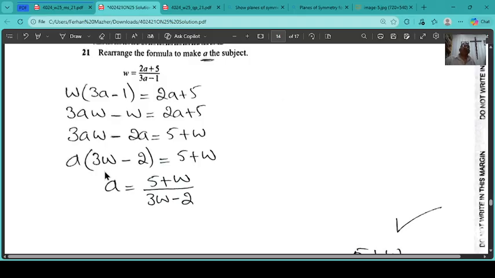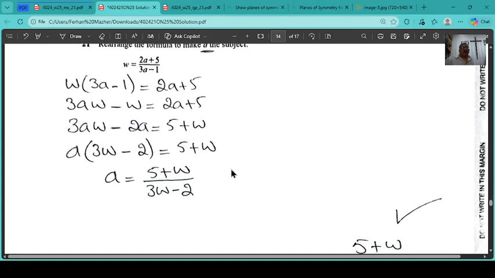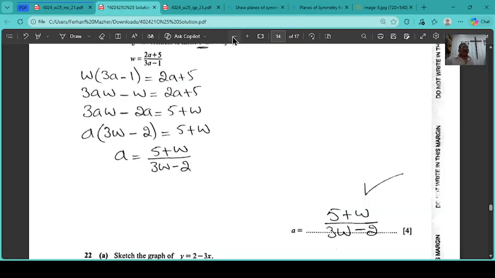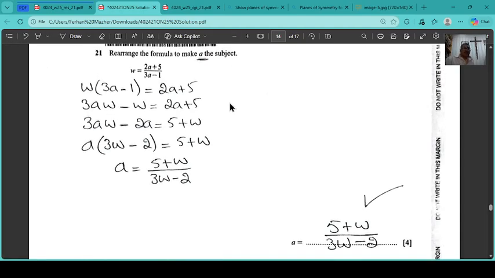So in the bracket, you will have 3w minus 2 bracket close. So a will be equal to, take this bracket to the other side, it's multiplying here, when it goes to the other side, it will divide. So you will have 5 plus w divided by 3w minus 2. So this is how you will solve. This is how you will rearrange and make a the subject of the formula.